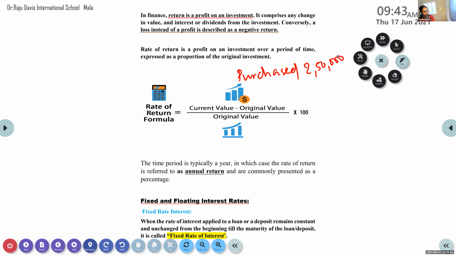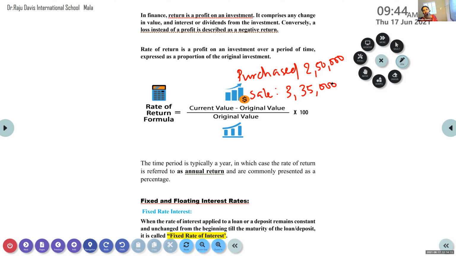Just an example. And after some time, you decided to sell the house. And now you sold it for 3,35,000. So you purchased it for 2,50,000 and you sold it for 3,35,000.